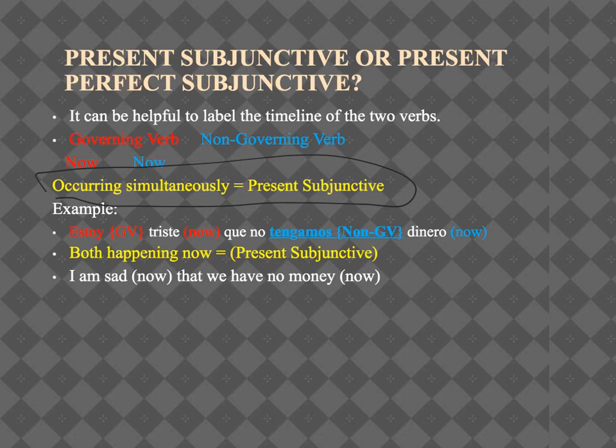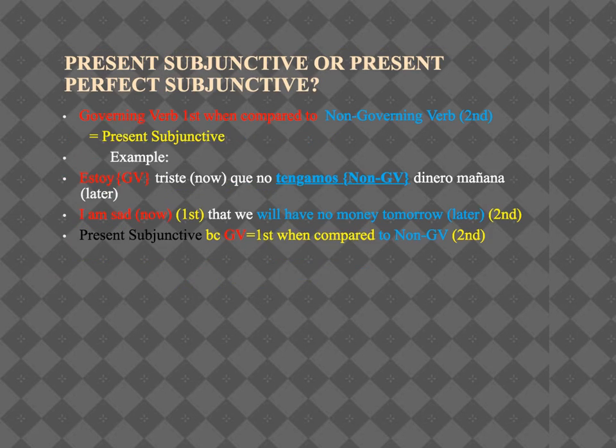So, I am sad that we don't have any money. I am sad right now that we don't have money right now. They're both happening now, okay? So I'm going to use present subjunctive. Tengamos. Beautiful. Okay, two, I am sad that we will not have money tomorrow. I am sad now, we won't have money tomorrow, that's later.